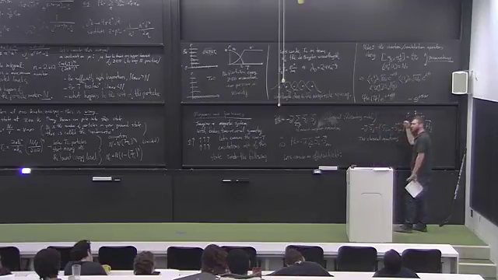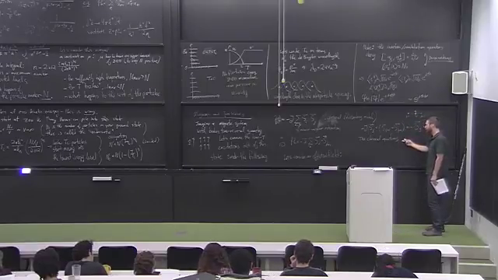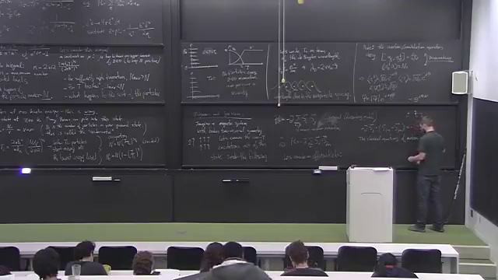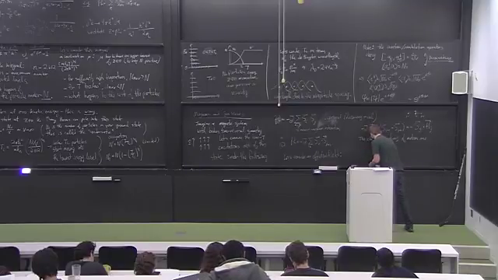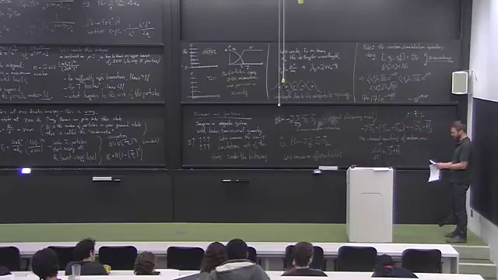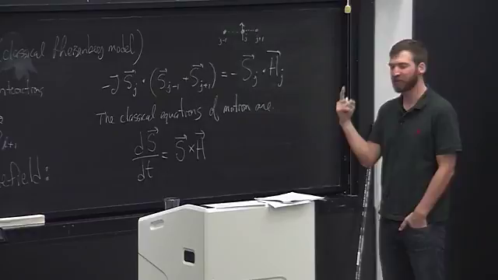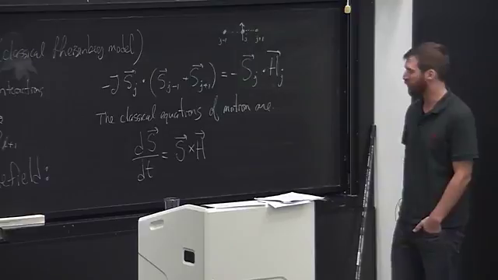I'm going to calculate the dispersion in the classical model with the classical equations of motion, and then look at how these are modified under quantum mechanics. I'll write the classical equations of motion like that, dS/dt equals S cross H. And for a single spin, as you know, these classical equations of motion lead to a precession around the direction of H.